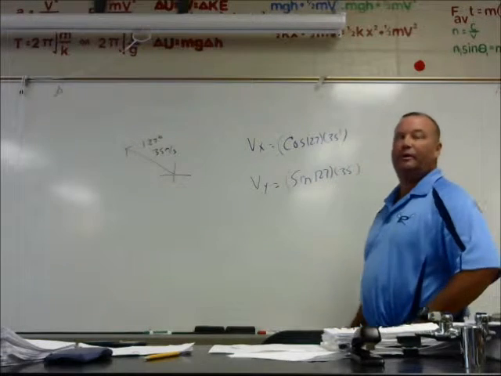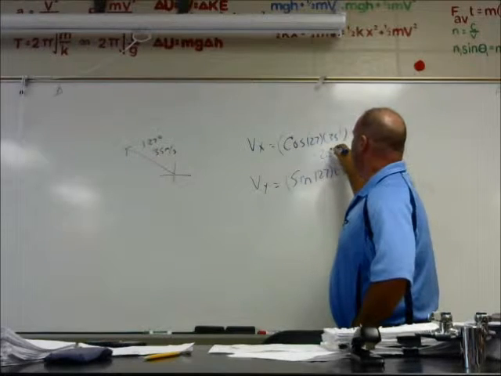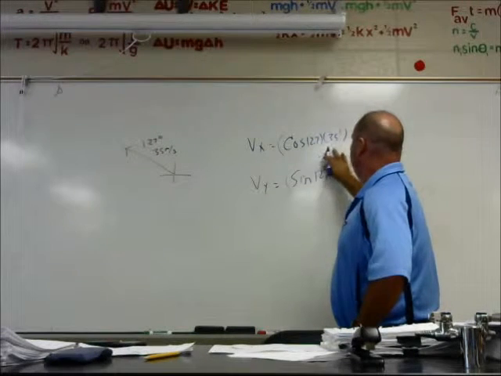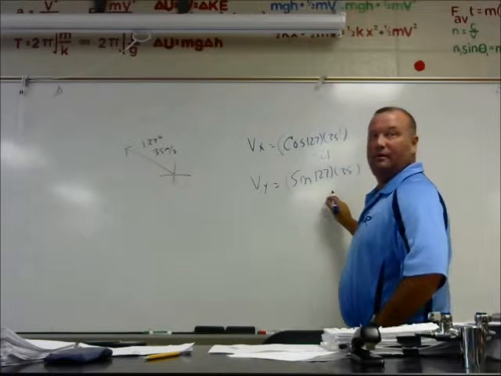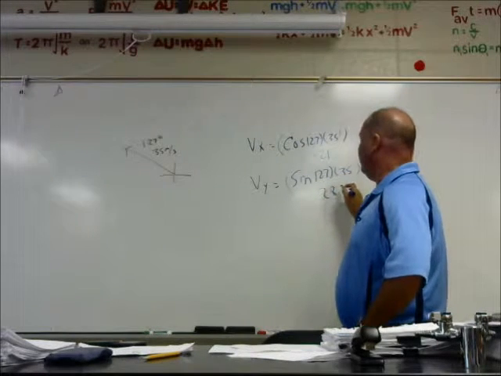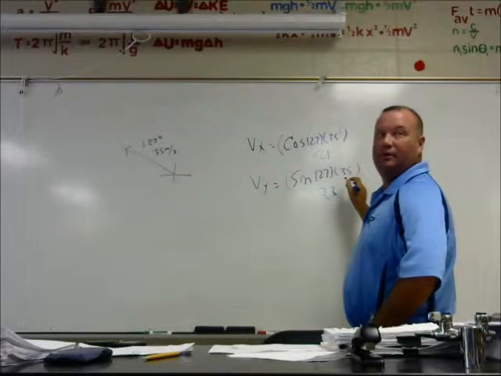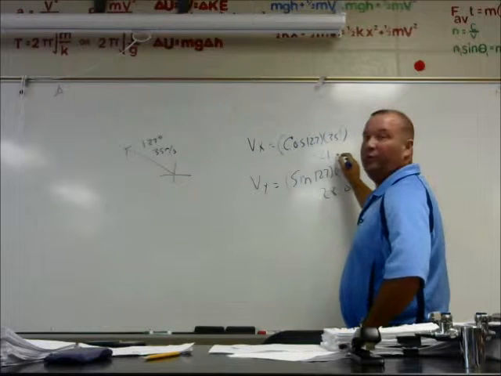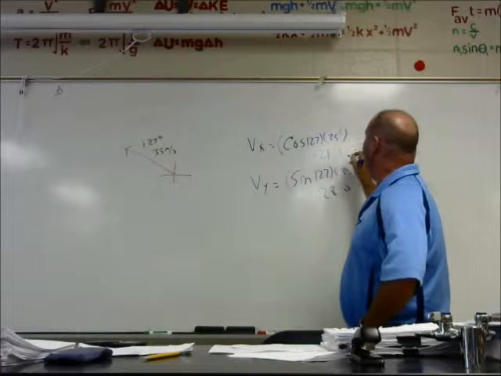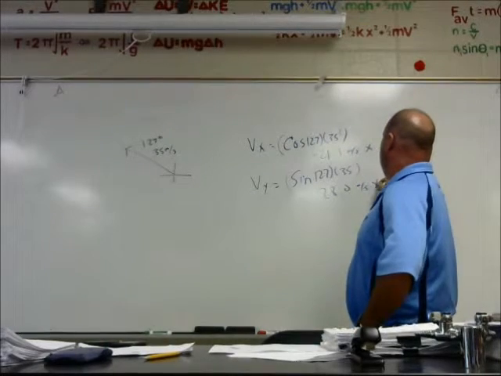Negative 21.06 for x. 28 for y. Is that good? 28 point what? No, it was 27.695. Okay, so 28.0 and 21 point what, Jerry? 21.1. X, y. Is everybody good there?